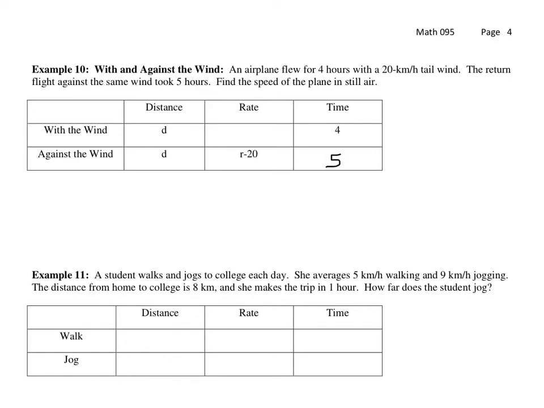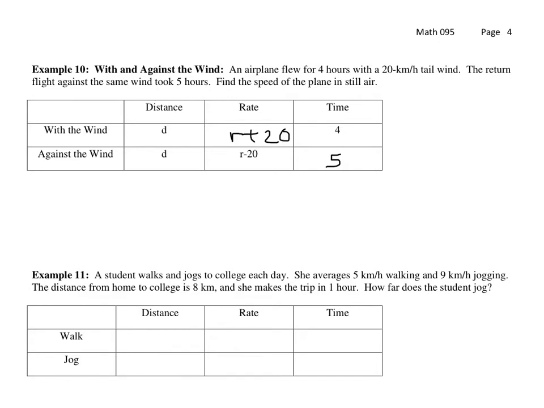That's because that wind is pushing back against us. So whatever rate we normally would be going, we subtract 20. On our trip there, we're flying with the wind. So what's the rate when we're flying with the wind? R plus 20. That 20 kilometer per hour tailwind is pushing us faster than we normally would go.